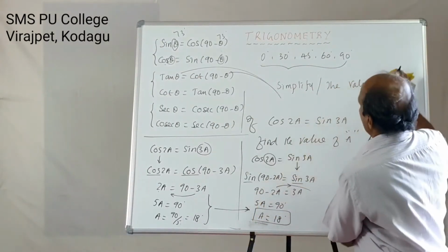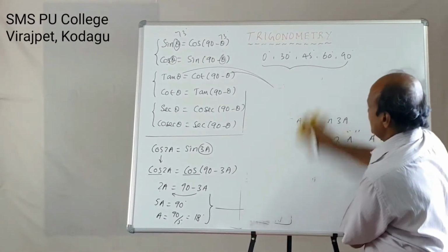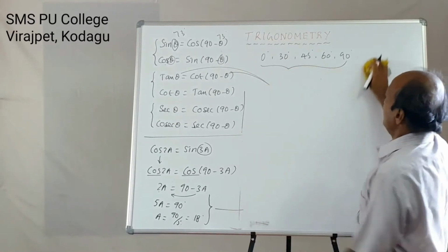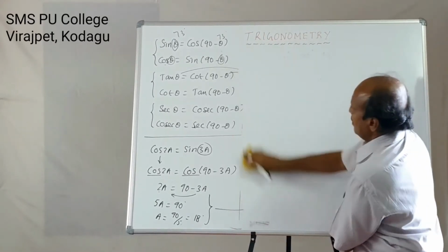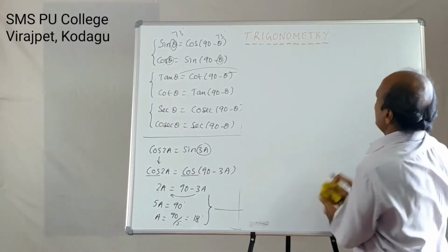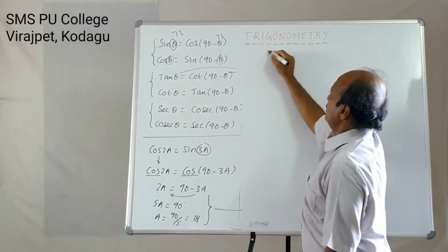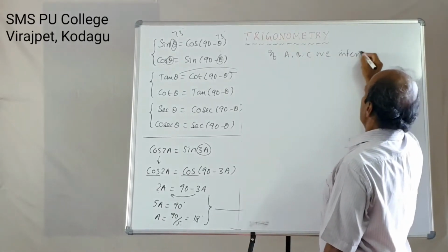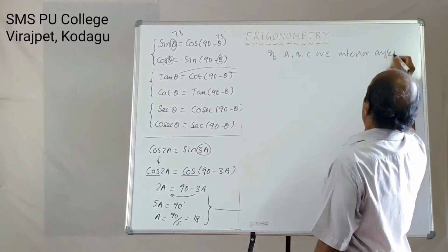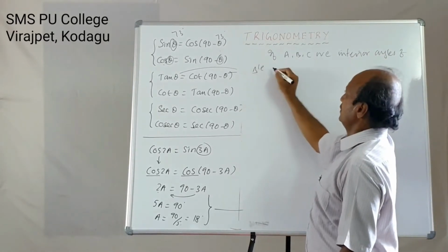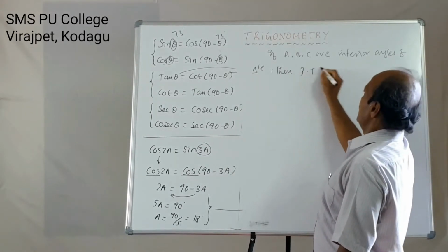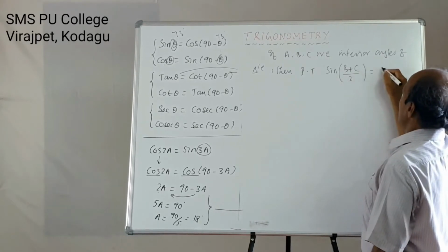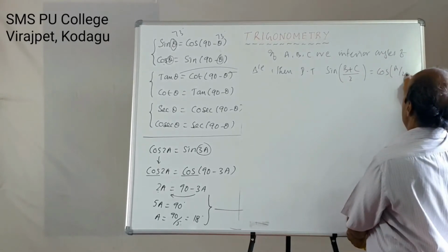Right, again, another question which is normally asked as a 3 marks question. ABC is a triangle. If A, B, C are interior angles of a triangle, then prove that sin of (B plus C) by 2 is equal to cos A by 2.